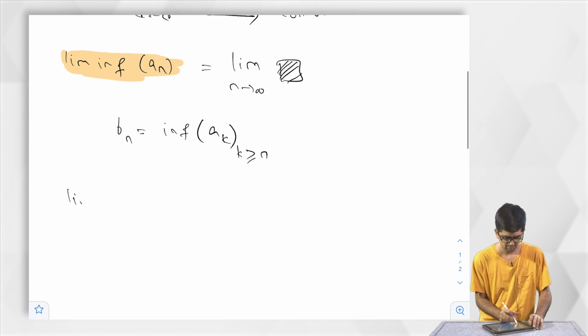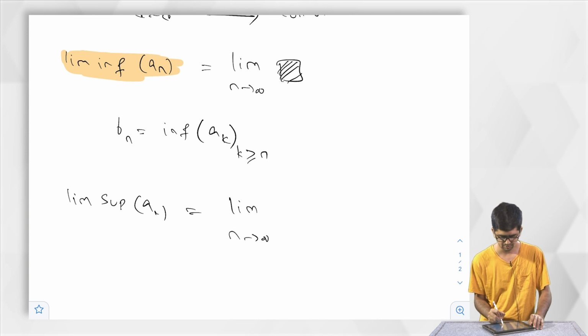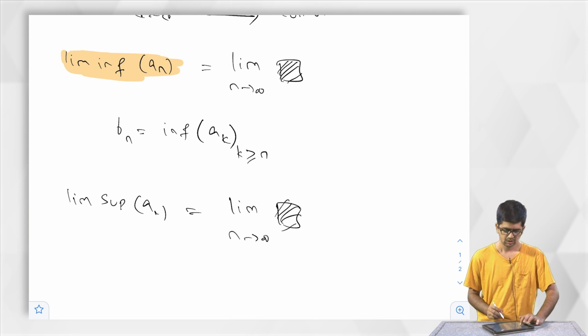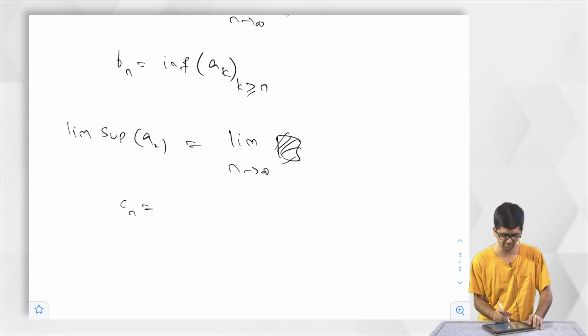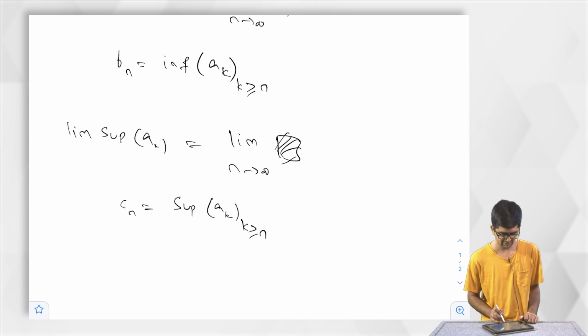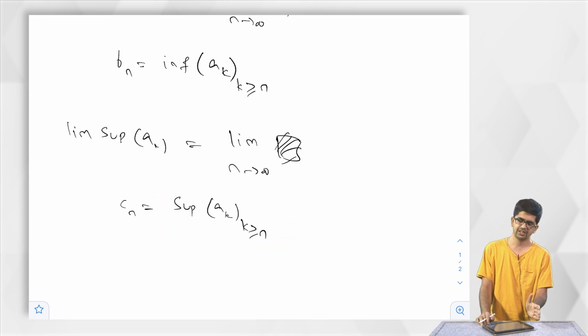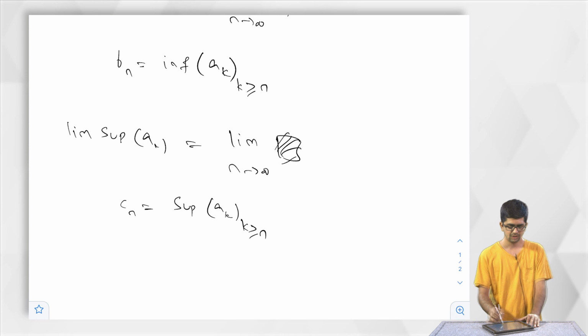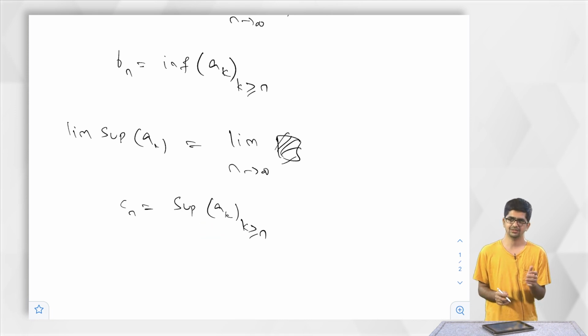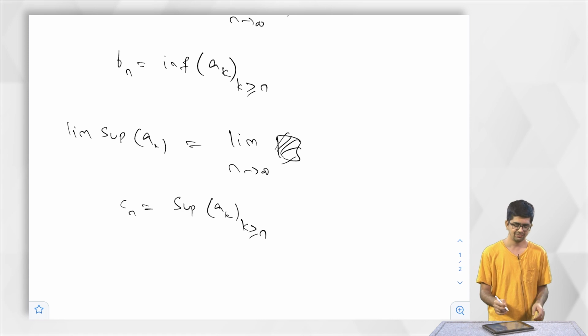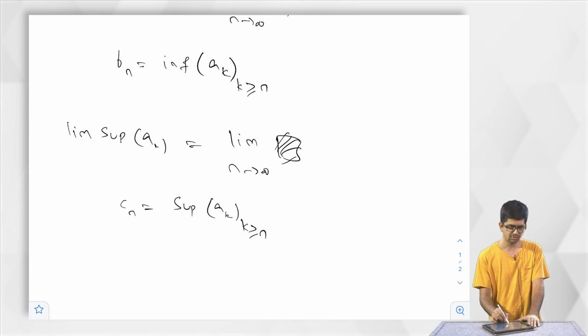Similarly, lim sup of An is again a limit of some sequence. The sequence we denoted by Cn, that is the supremum of Ak, k greater than or equal to n. For each n, we fix n, then consider the sequence that starts at n, and take the supremum of that.